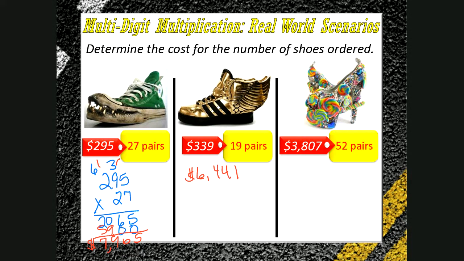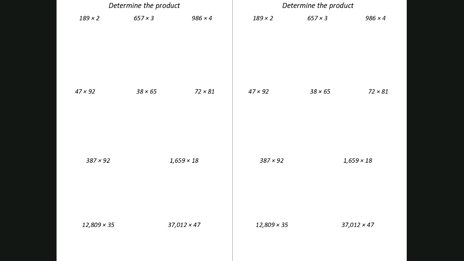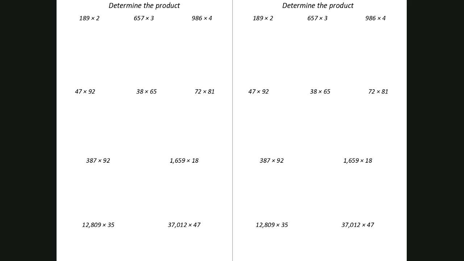You should have gotten 197,964. Okay, if you need a little more practice, you can work on these. You're going to see some more practice included in your lesson today.